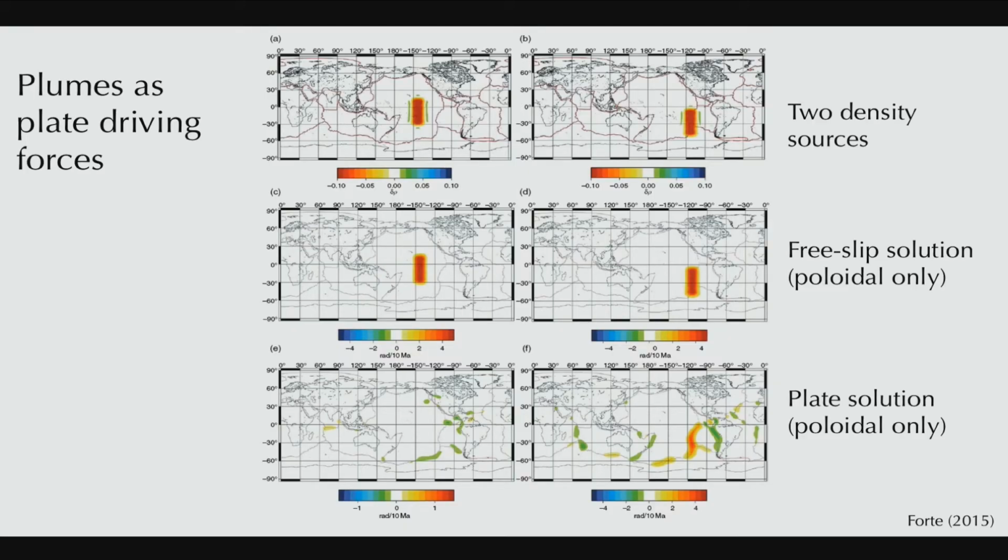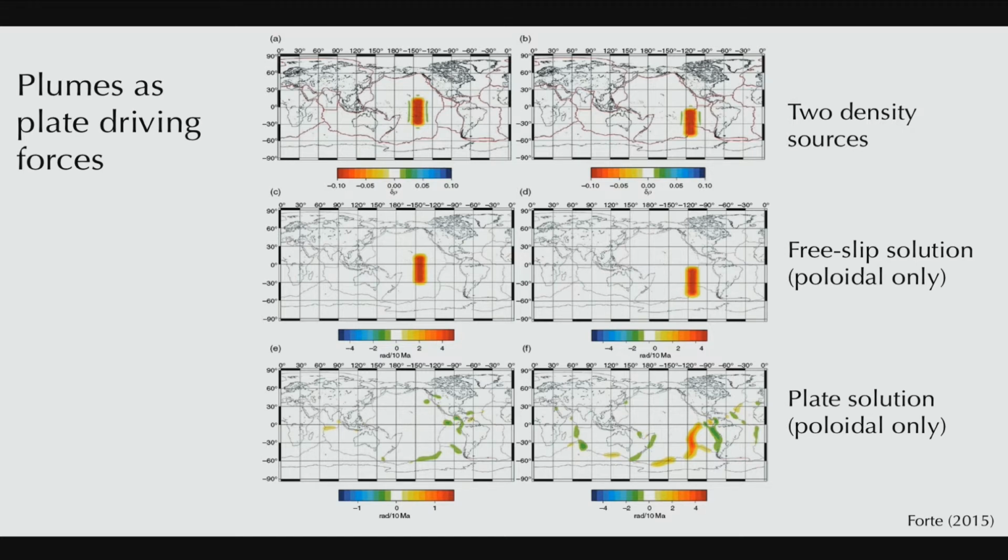Now, in terms of driving forces, plumes have a harder time of driving the plates because they're not attached at the edges of the plates, typically. This is illustrated here. 2 density sources expressed in terms of the poloidal flow field if the Earth didn't have any plates, and expressed in terms of plate motions. And here, this particular density anomaly just sits underneath the plates.